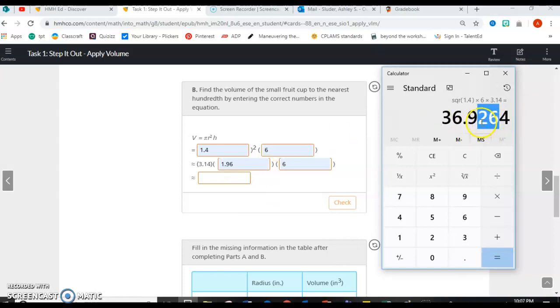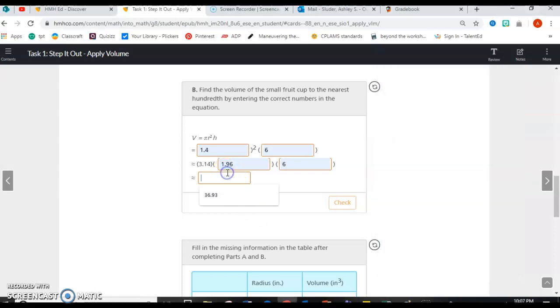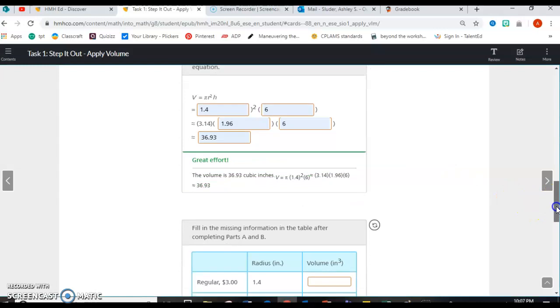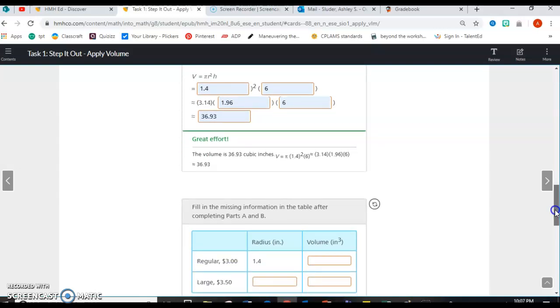But remember, it's asking us to round to the closest hundredth, so the 6 is going to tell the 2 what to do. 36.93. Nice. Notice when I put it in the calculator, I did the order in whatever way I wanted to, because I can apply the associative property to multiplication, meaning I can change the order and I'll get the same answer.